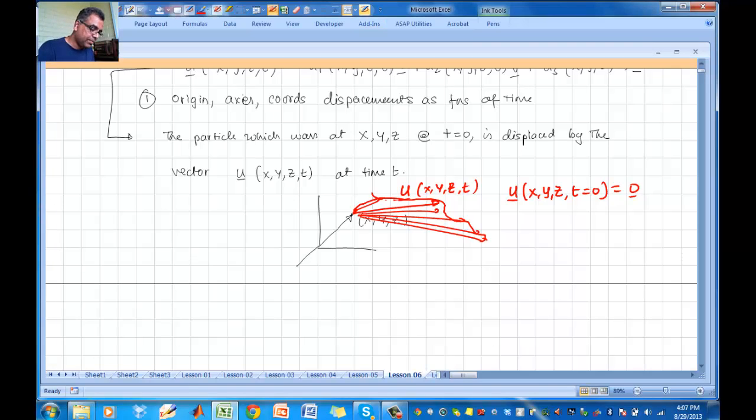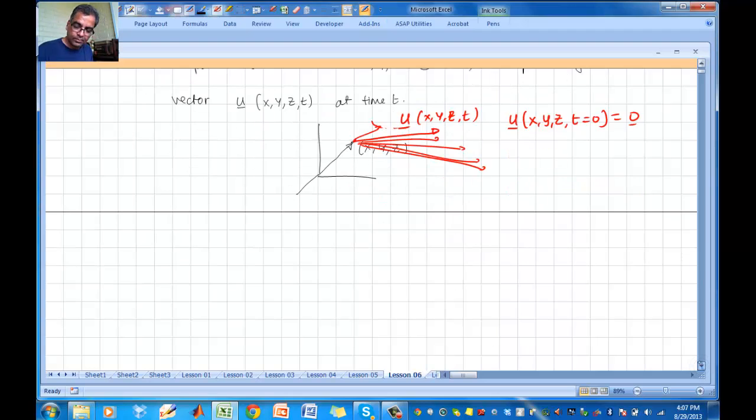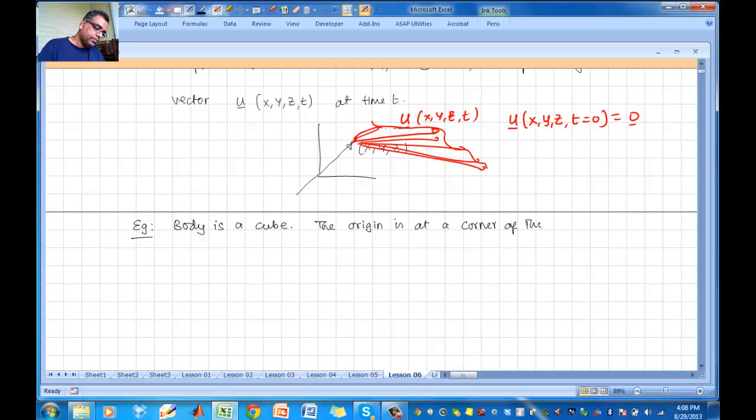So let's look at an example. The body is a cube. The origin is at a corner of the cube.